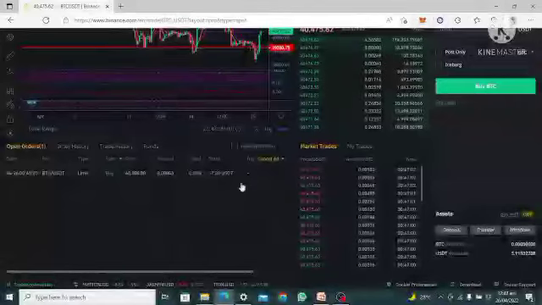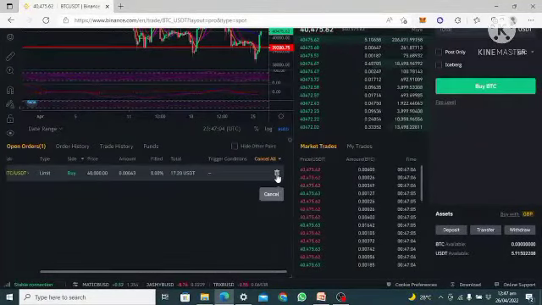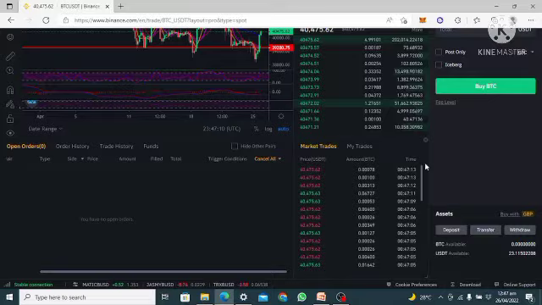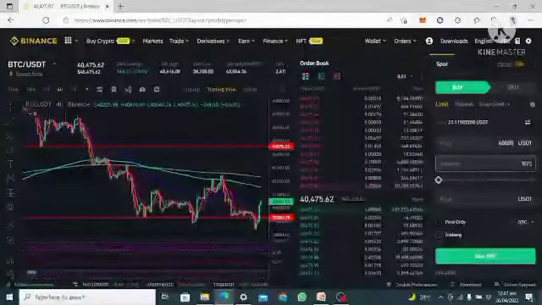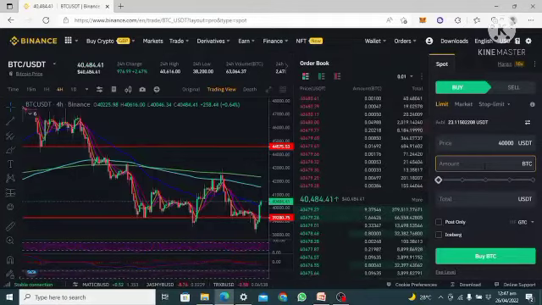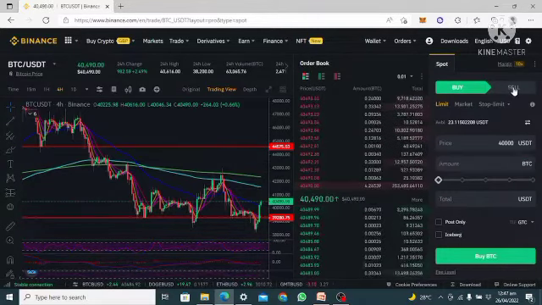So let's cancel this order. This is where to cancel your order. If you have a lot of orders, you can click all if you want to cancel them at the same time. So the next thing you need to know: this is the amount, the quantity of the asset you want to purchase, and here is your balance, and here is your sell order.